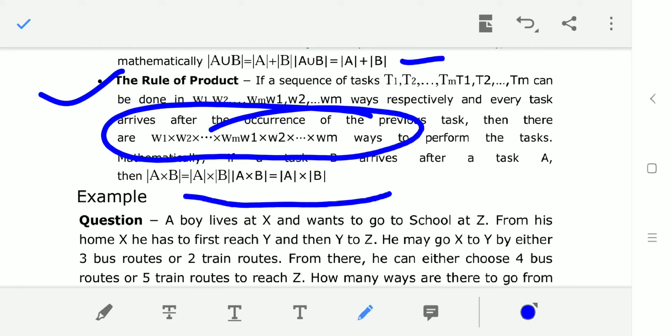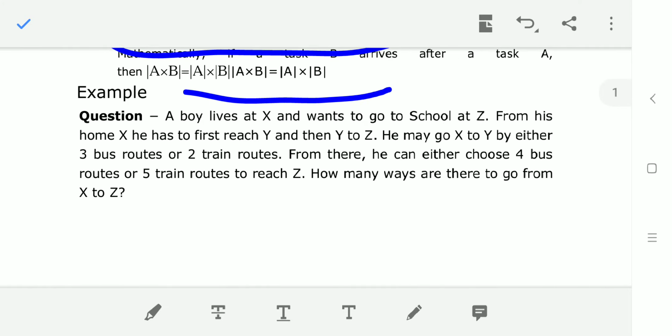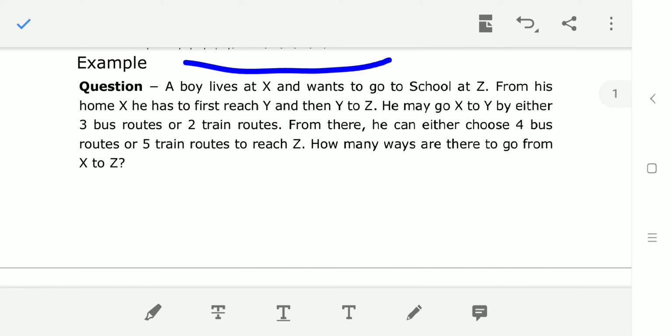The example is: a boy lives at X and wants to go to school at Z. From his home X, he has to first reach Y and then Y to Z. He may go X to Y by either 3 bus routes or 2 train routes.